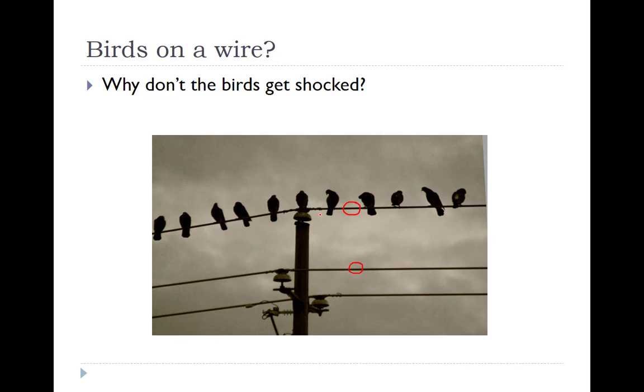They're just sitting on one. Therefore, they're not completing the circuit, therefore no electricity flows through them. Now you may be wondering, what's this third wire for? Well, remember when you plug something in, typically you have three prongs. You have a hot, a neutral, and then you have a ground. Same idea here. Third wire for that purpose.